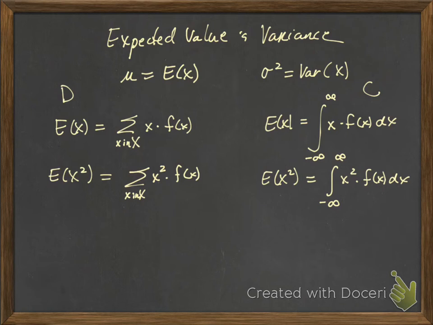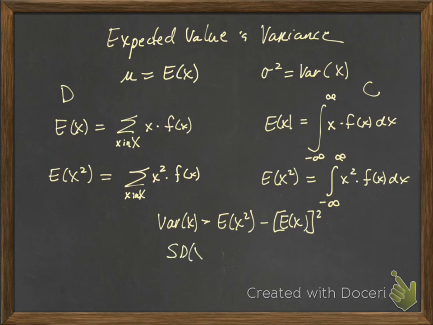And the reason we have this second row is because the variance of x, in all cases, is E of x squared minus E of x, squared. That is the mean of the squares minus the square of the mean. And the standard deviation of x, which we notate sigma, is just the square root of the variance.